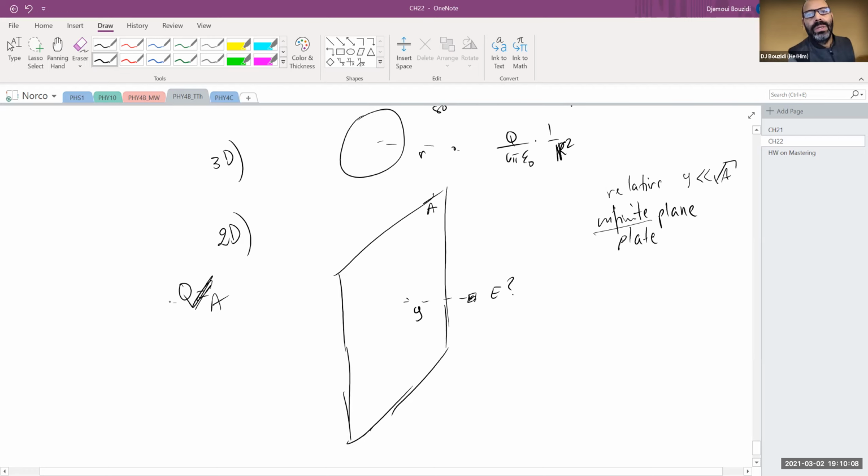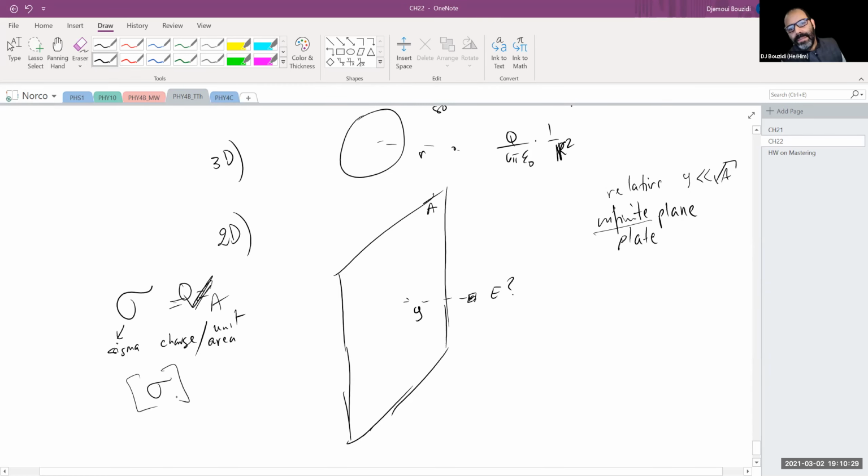So this distribution is uniform, and since it's a distribution over an area, we're going to use the symbol sigma. Sigma refers to the amount of charge per unit area, so the units for sigma are coulomb per square meter.